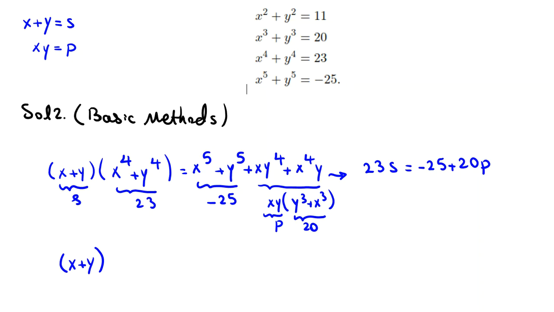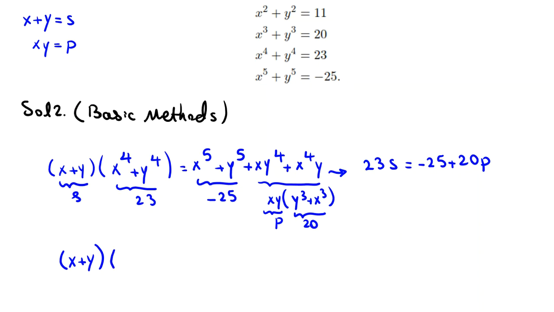For the next one, you multiply x plus y by x cubed plus y cubed. So here it will be what? x to the 4 plus y to the 4: x times x cubed, y times y cubed. And now we should calculate this, and these are left. So plus x y cubed plus x cubed y, and it will be what?